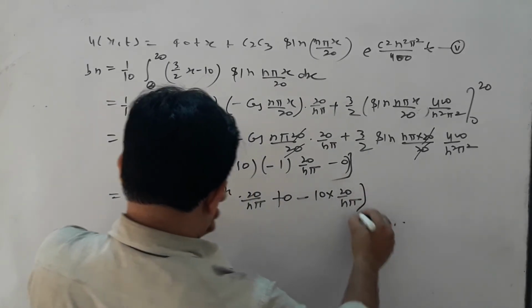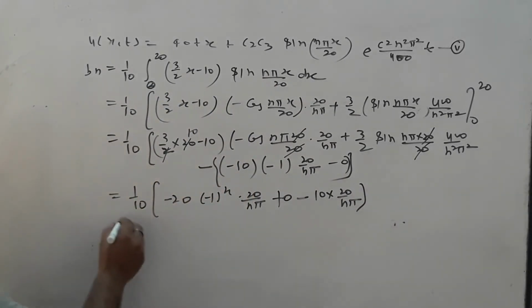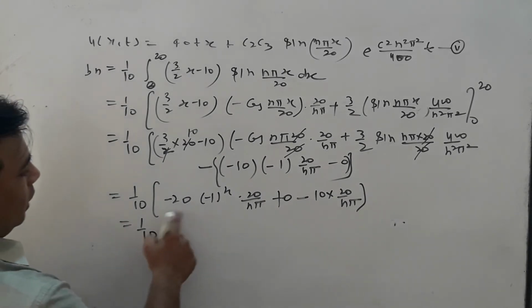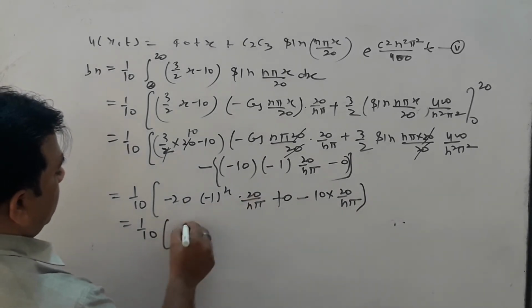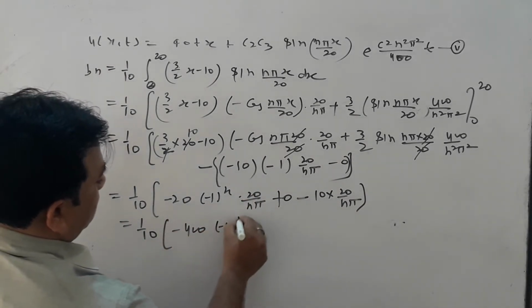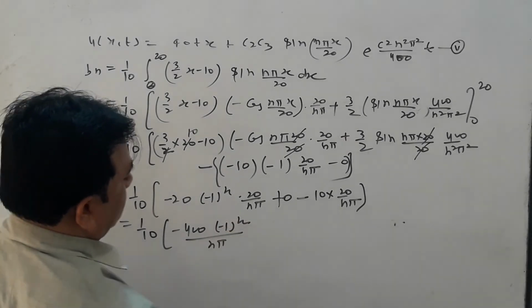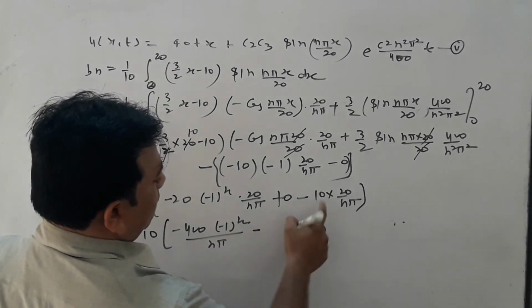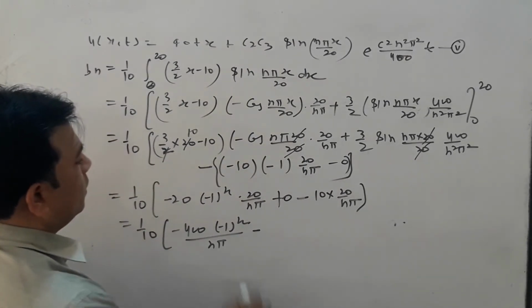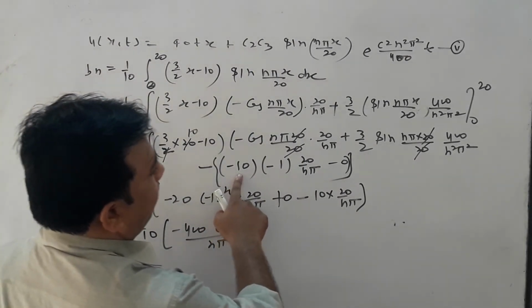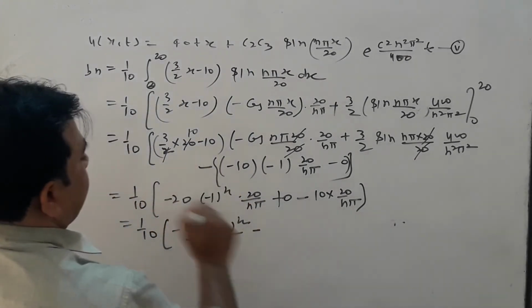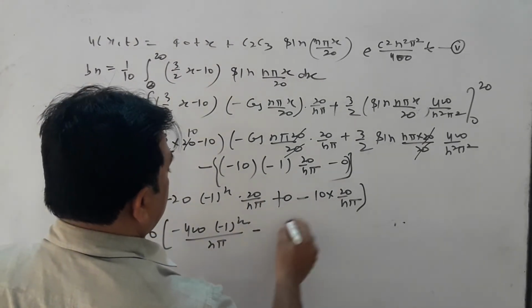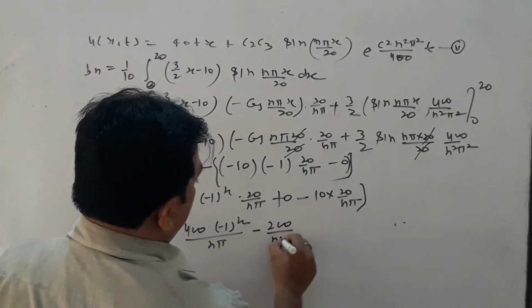So 1 by 10, sorting this out, this is minus 400 into minus 1 to the power n upon n pi, minus 10, this value is 200 upon n pi.